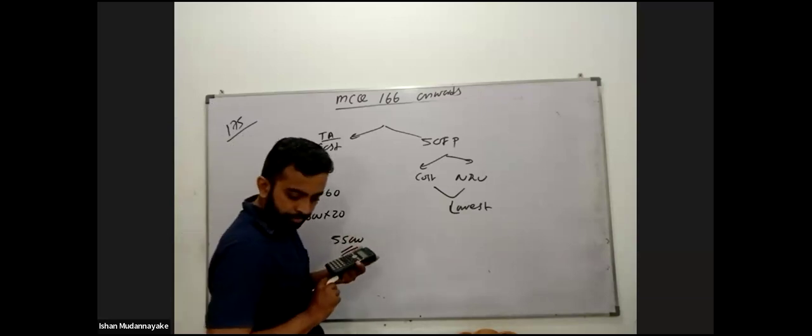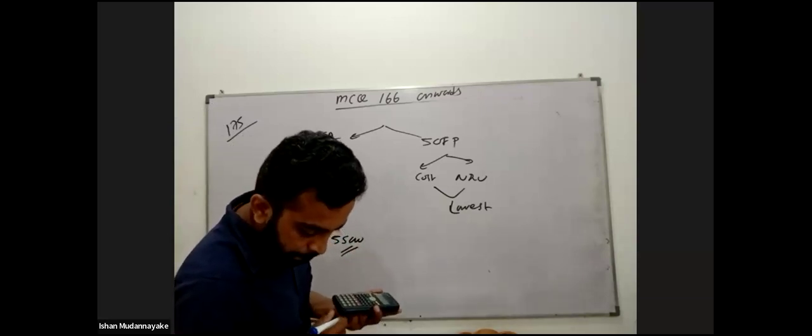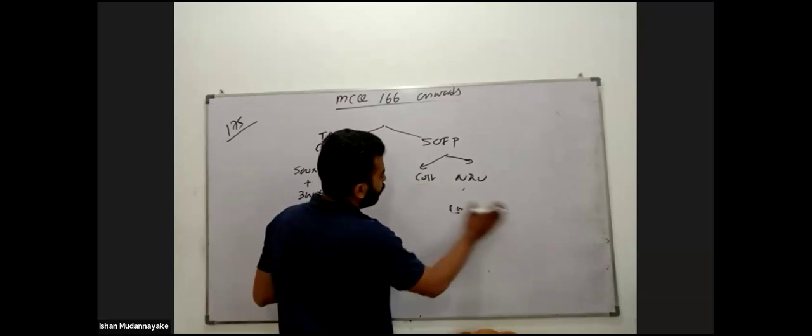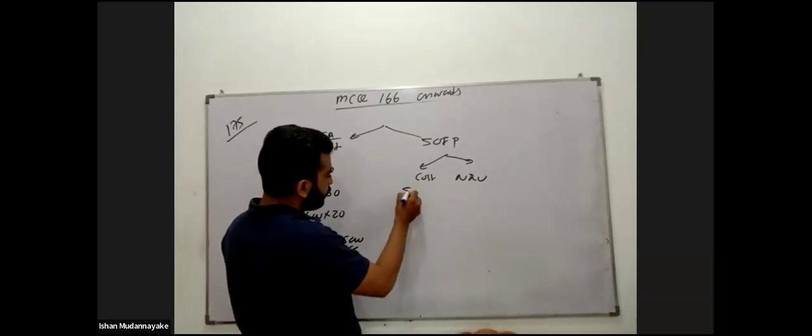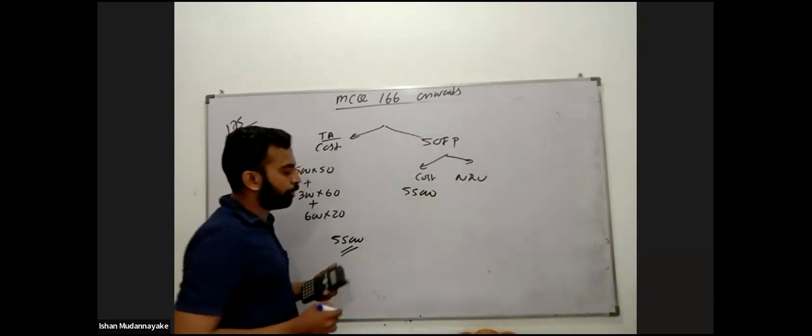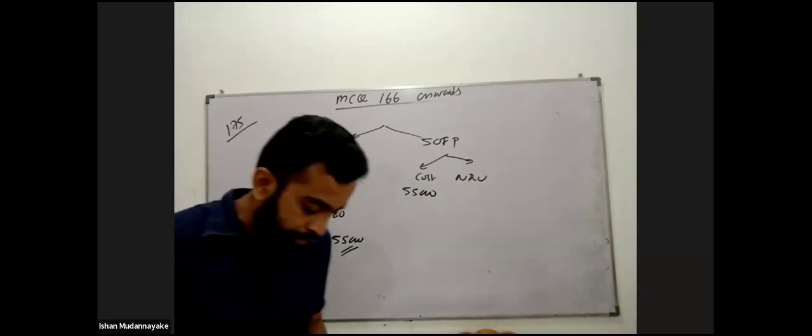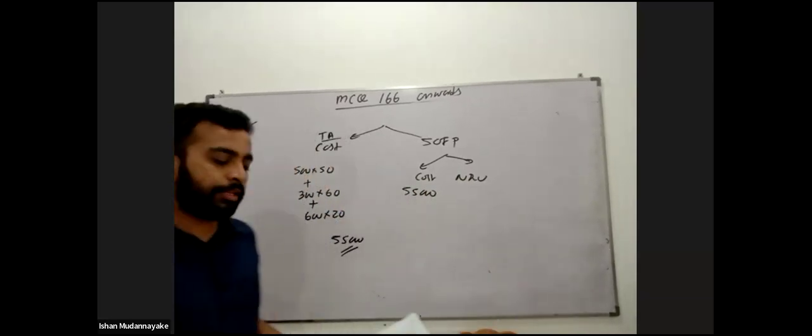Right. And then in the statement of financial position, cost or NRV: total cost 55,000. Total NRV. We use the grouping method.